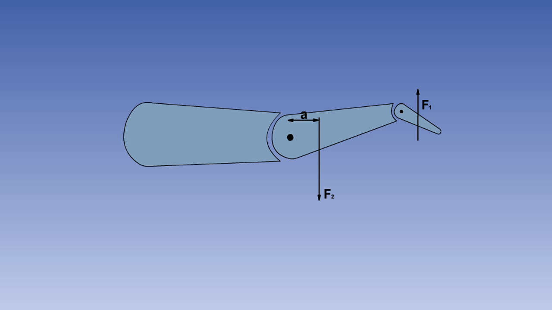Although the tab is small in relation to the control surface, and its aerodynamic force F1 is similarly small, its distance B from the control surface hinge line is much greater than that of the control surface force distance A, so it is able to balance the control surface hinge moment. The aircraft will be in trim when F2 multiplied by distance A equals F1 multiplied by distance B.